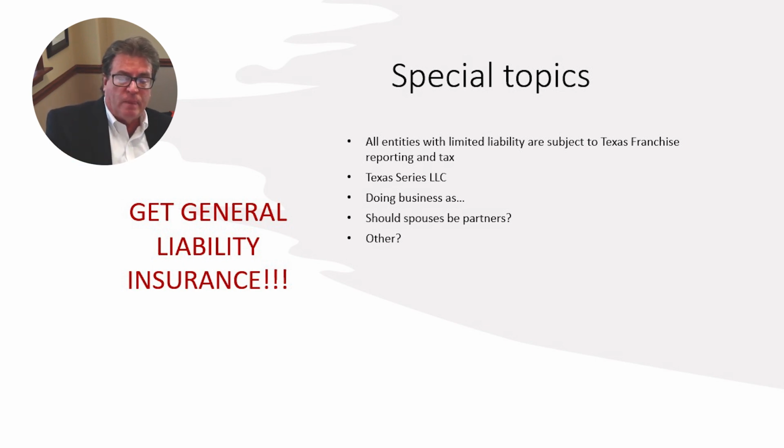Generally, though, we say Texas is a community property state, and each spouse owns 50% of the other spouse's in a general sense, unless you worked very hard to keep your assets separate, if you commingled in any way. So if you have one business and you both work in there, why do a partnership return? Just put it in one spouse's name, and that way you've got a disregarded entity. You put it on your tax return. That's because of the community property laws in Texas.